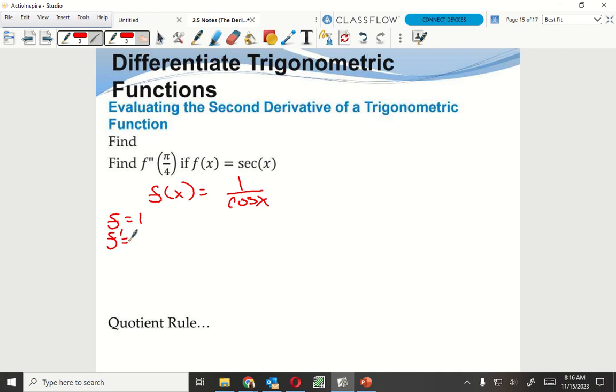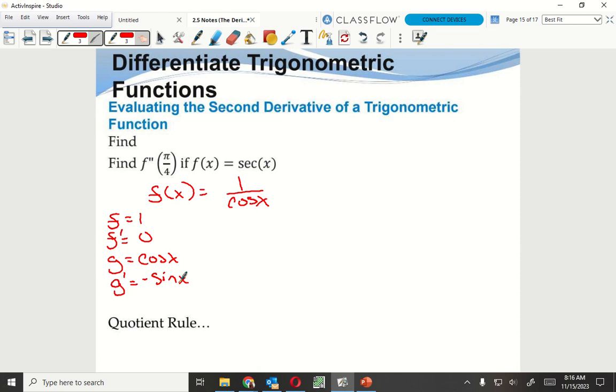F prime is, what's the derivative of 1? 0. G is cosine x. G prime is negative sine x. All right, let's go ahead and quotient rule this one then.